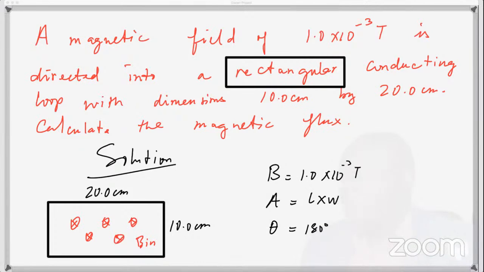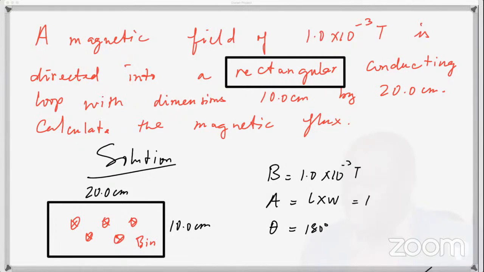If it was a circle, you would use a different equation, because the area of a circle is pi times radius squared. If it was triangular, you would use the equation for a triangle. So be aware that it's not always length times width. It's length and width in this case because we have a rectangle.